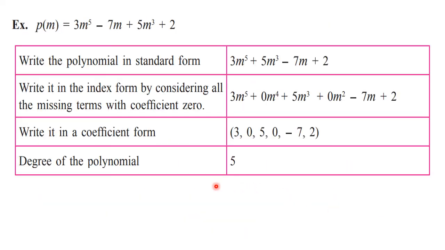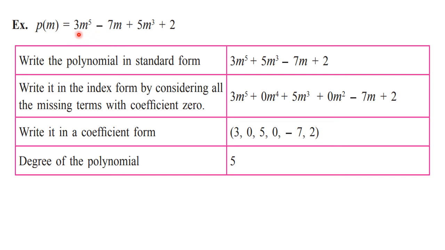Now let's take one example here to understand all the forms. See here, we have polynomial p of m is equal to 3m raised to 5 minus 7m plus 5m cube plus 2. So the degree of this particular polynomial is 5. Then if we want to write down the polynomial in standard form, that means in descending order, don't think of the missing terms, only write down the given terms in descending order.